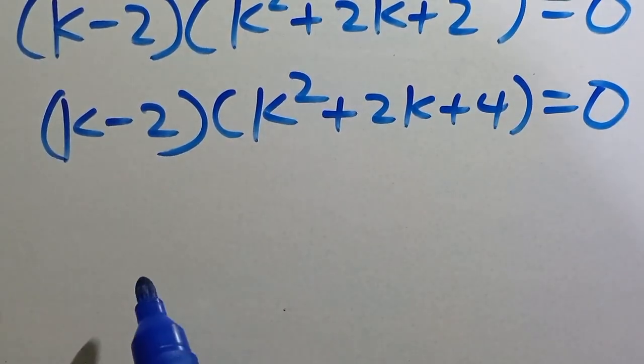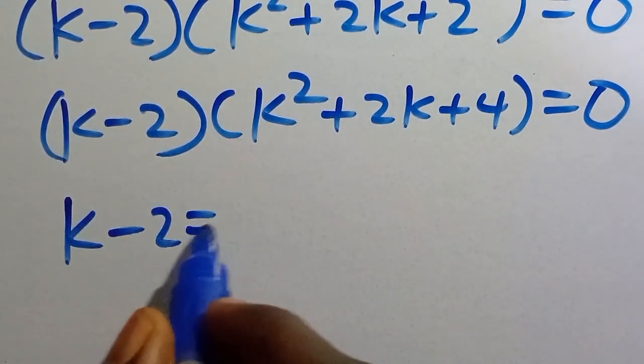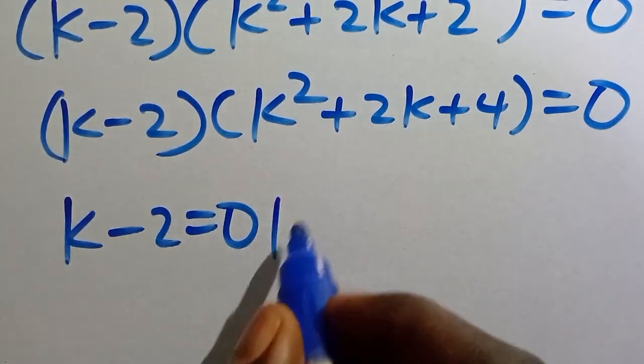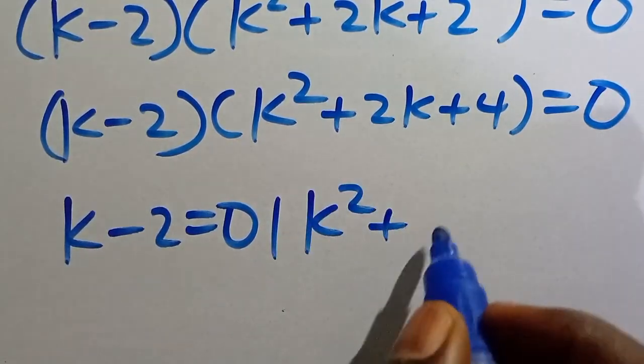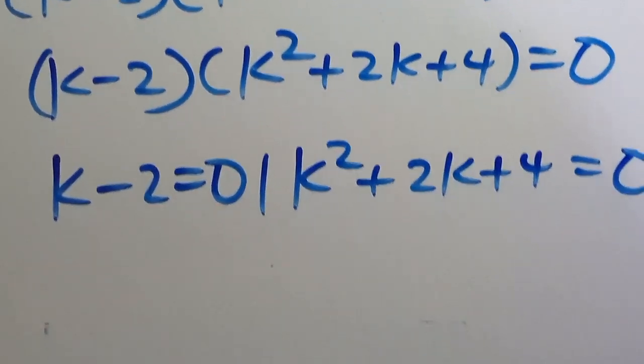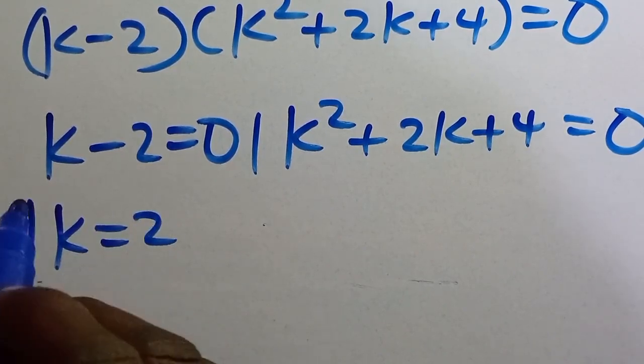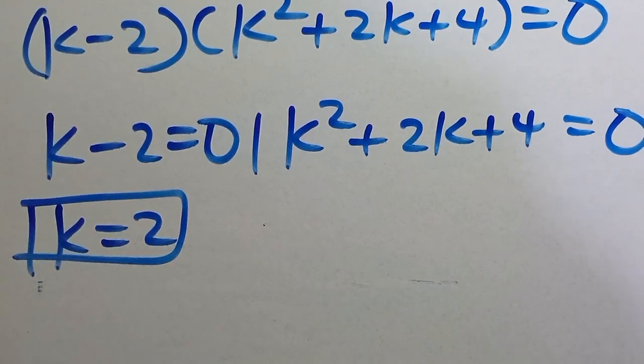Then for this expression to equal 0, either we have k minus 2 equals 0, or we have k square plus 2k plus 4 equals 0. So from here we have another k equal to the second real solution.